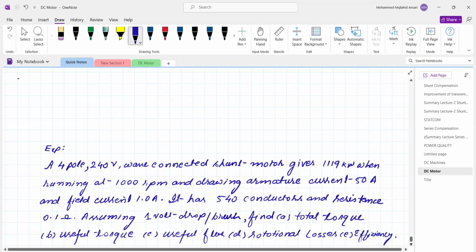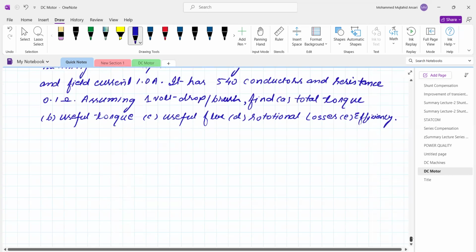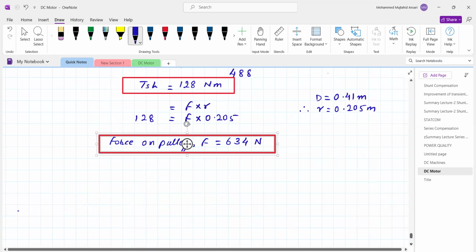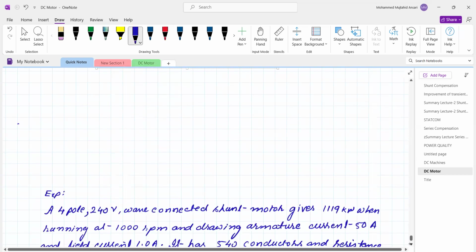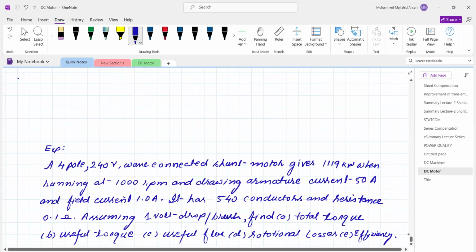Now next example. A 4-pole 240 volt wave connected shunt motor gives 1119 watt when running at 1000 RPM and drawing armature current 50 ampere, and the field current is 1 ampere.